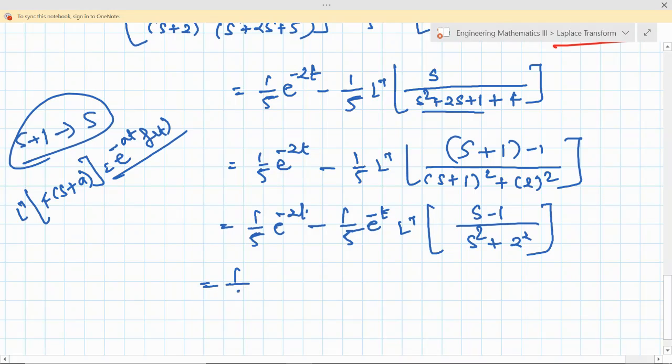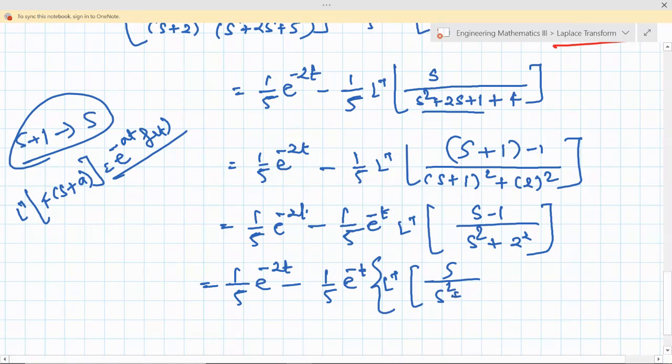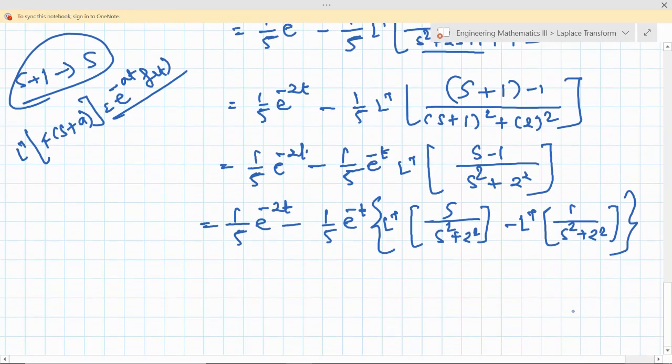So we just separate the two inverses. 1 by 5 e raised to minus 2t minus 1 by 5 e raised to minus t. Inverse Laplace of the first thing is s upon s square plus 2 square, minus inverse Laplace of 1 upon s square plus 2 square. And now we have the standard result. s upon s square plus a square is nothing but cos at.